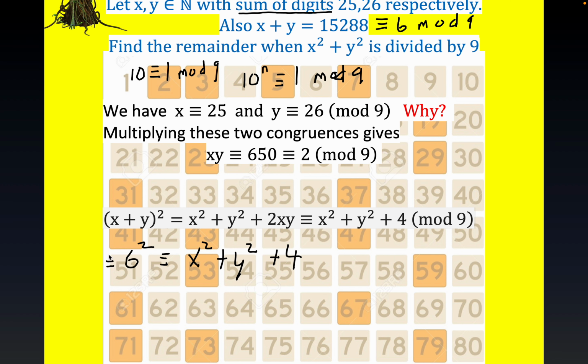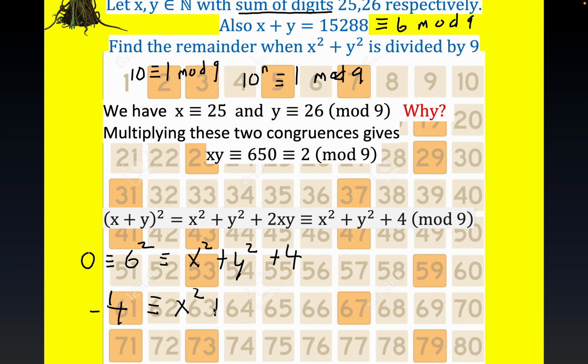See how you can do this just like it's a regular equality. Why is that congruent to 0? 6 squared is 36, and 4 times 9 is 36. 36 is the same as 0 mod 9. So this leads to negative 4. I'm bringing this 4 to the other side, and that is congruent to x squared plus y squared.